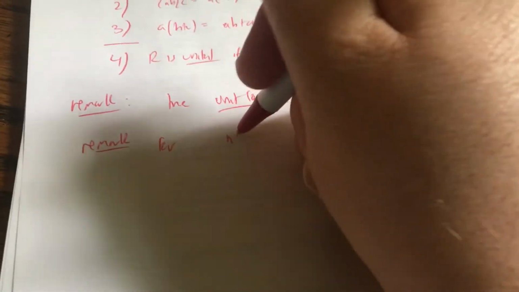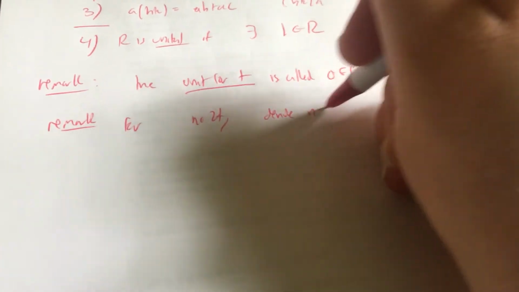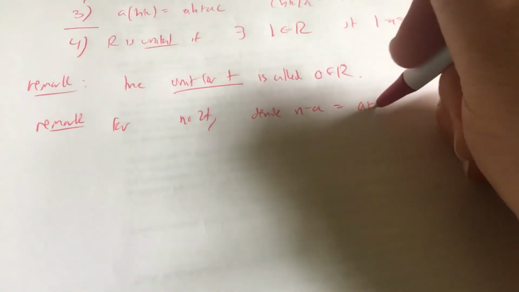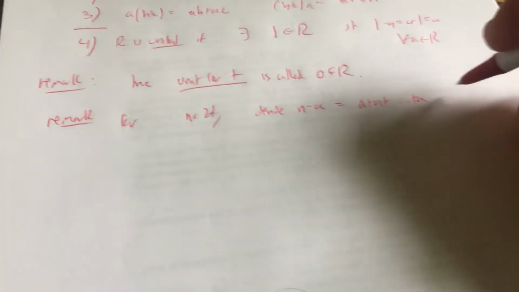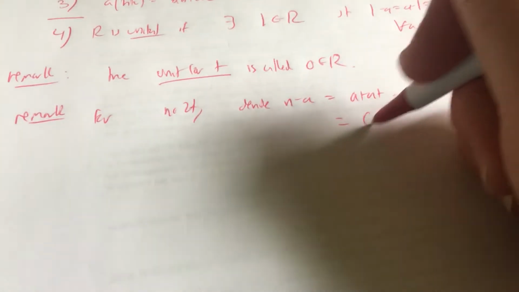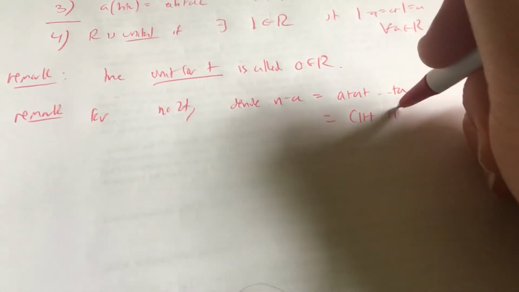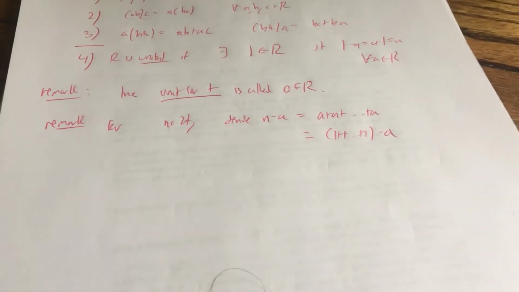So let me just further remark. For n in Z, we denote nA by A plus ... plus A, right? Which is equal to, this is one way to denote it, but it's also, of course, (1 plus 1 plus ... plus 1) times A by the distributive law. And this is the same as A times n.